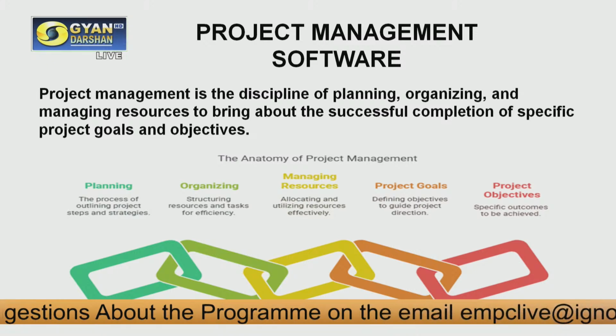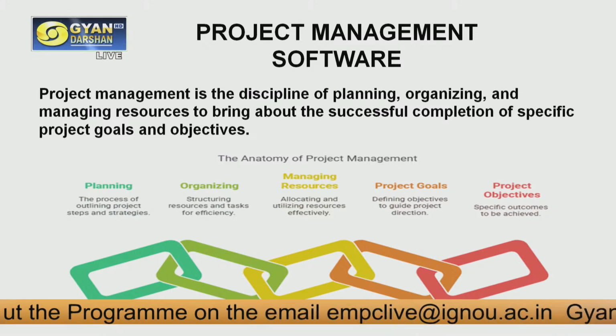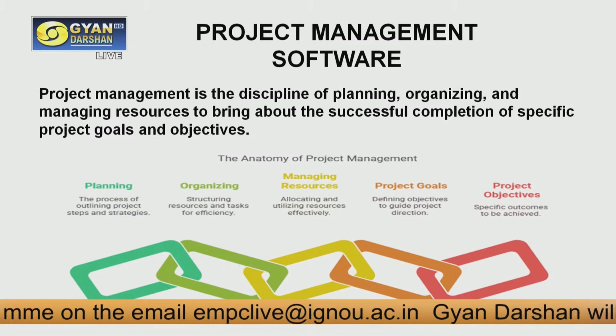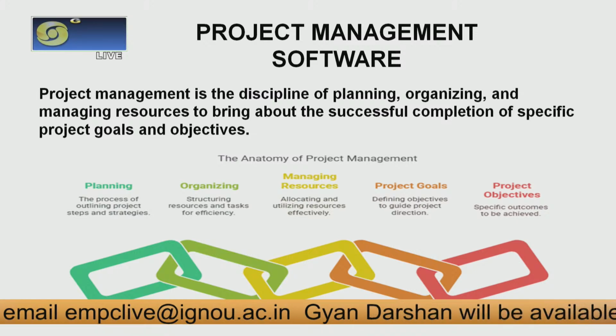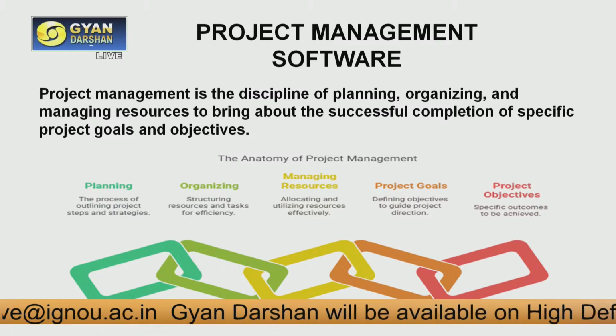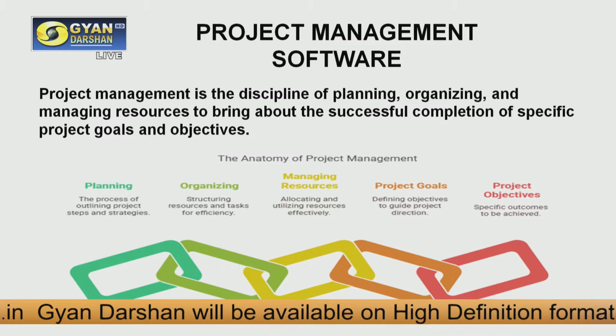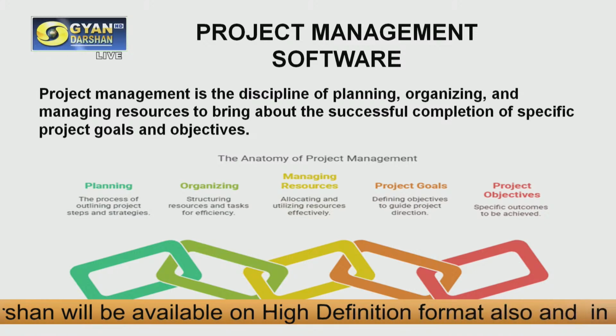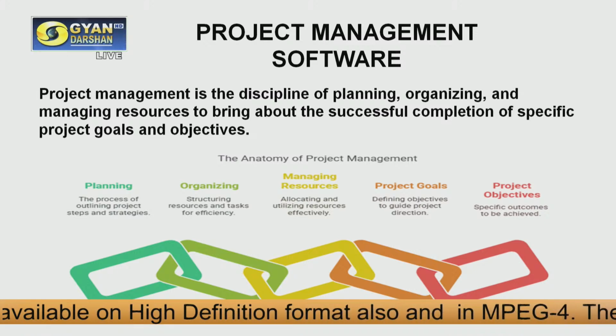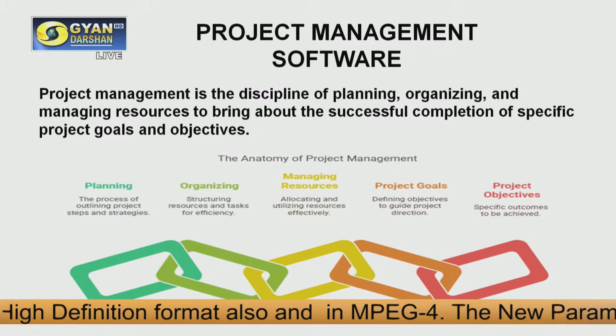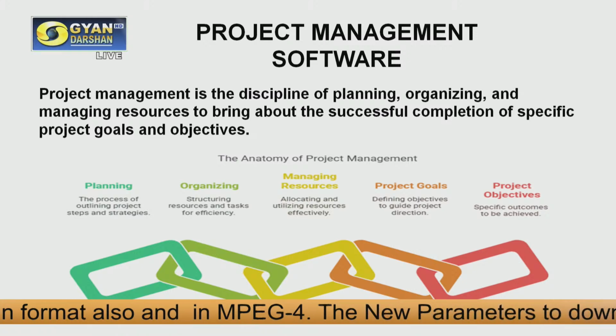So one needs to understand the real objectives, what is the key problem. In order to solve the problem, what are the resources required, and then the planning, organization and management of the resources is very much required for any project to be managed, be it software, be it hardware, or any project.